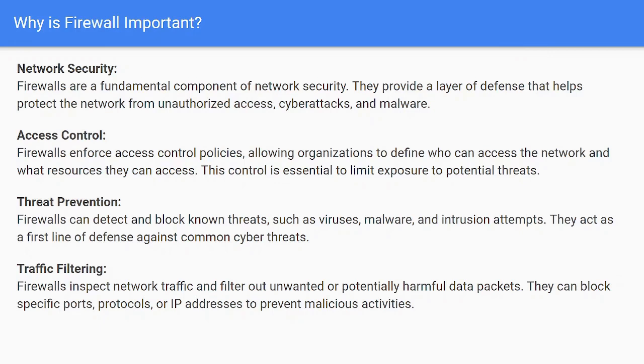For each packet that is coming in and going out, it checks: are these harmful packets or useful packets? And then it can block specific ports. So let's say a particular port is known for a particular kind of breach. You can block anybody from having access to that port. It can block specific protocols, it can block IP addresses.